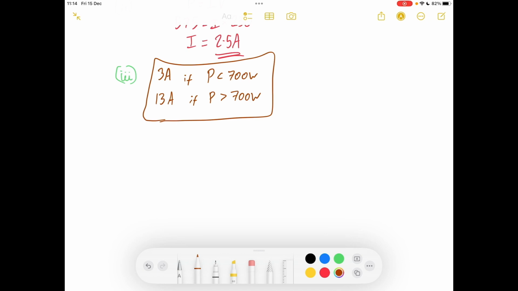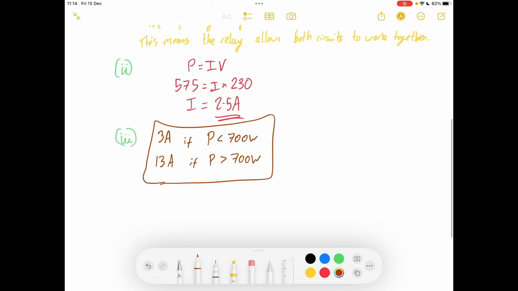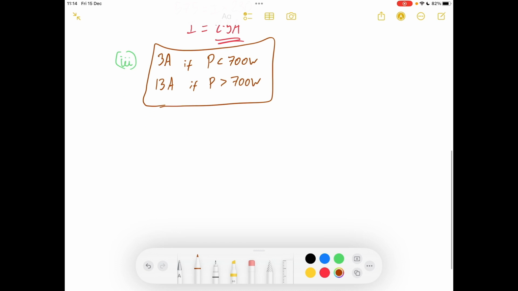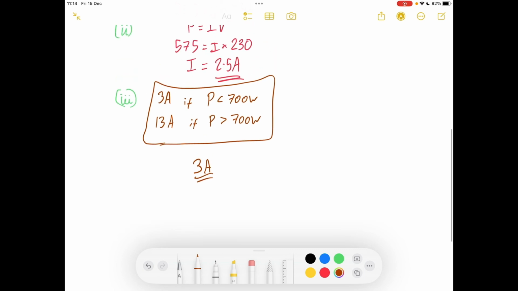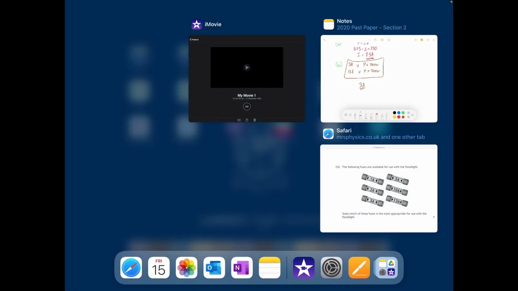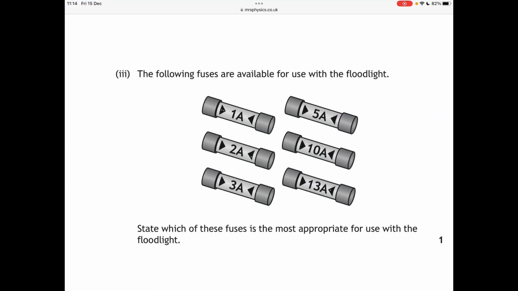For this question, in the last question we said the power is 575, so that means that the fuse would have to be 3 amps. And that's it. Another way to think about it is, we calculated the current to be 2.5. If we selected a 2 amp fuse, it's going to break because the current will be much bigger than it.